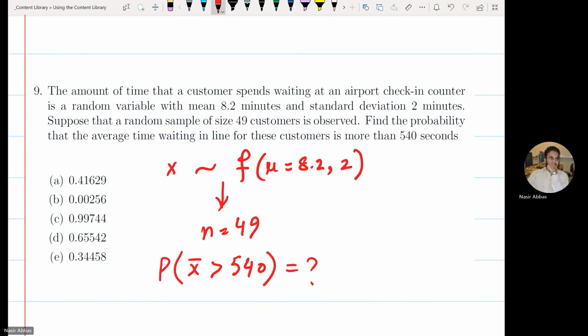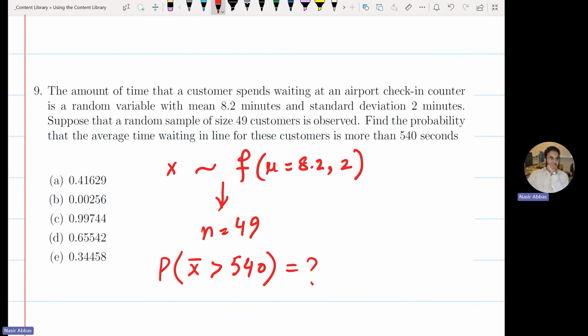Now, to solve a question about X bar, what is the distribution of X bar from chapter 7? How can we solve a question about X bar? We said that X bar is either exactly normal, if X is normal, and it is approximately normal, if X is not normal and N is large.